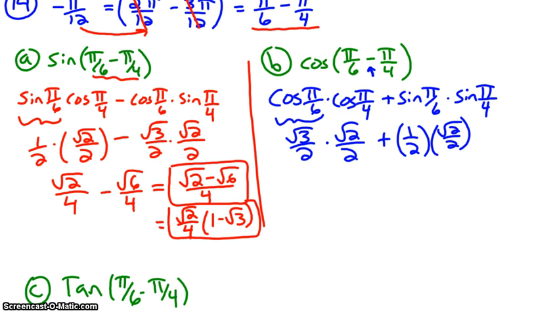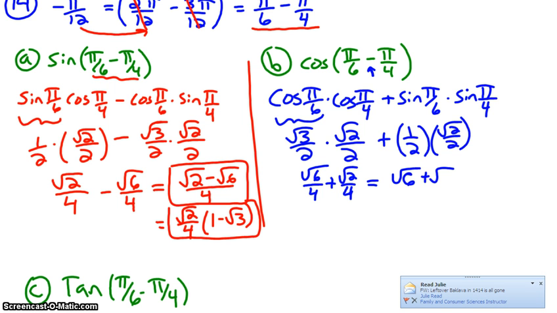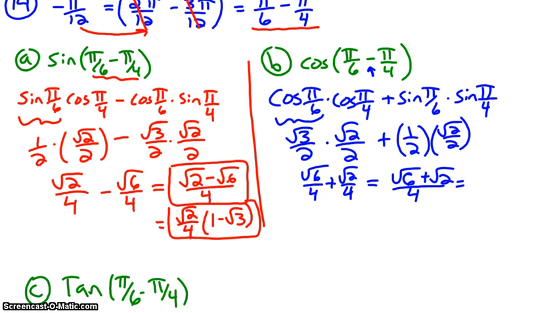Putting these together, we're going to see a radical 6 over 4 plus a radical 2 over 4. Putting the two fractions together, a radical 6 plus radical 2 all over 4, which gives us then the possibility of taking out again a square root of 2 over 4, leaving us with radical 3 plus 1 on the inside.